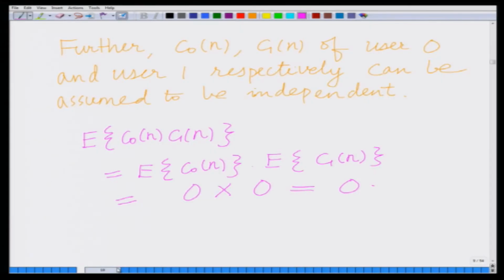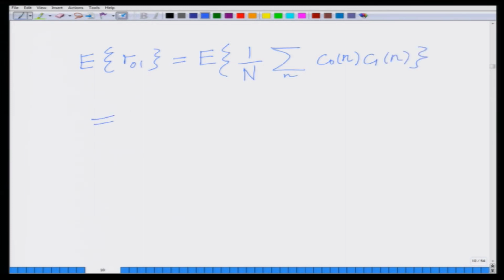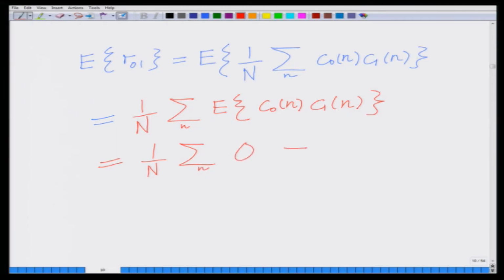Therefore, we have the expected value of R 0 1 equals the expected value of 1 over n summation over n c naught n c 1 n, which equals 1 over n summation over n of the expected value of c naught n c 1 n, which is 1 over n summation over n of 0, which is equal to 0.